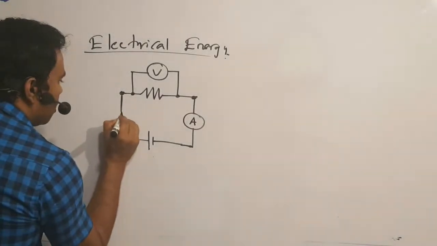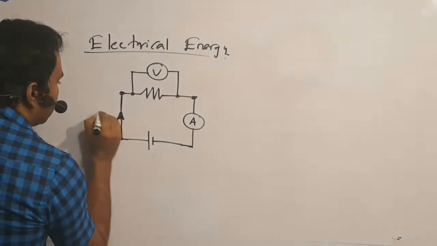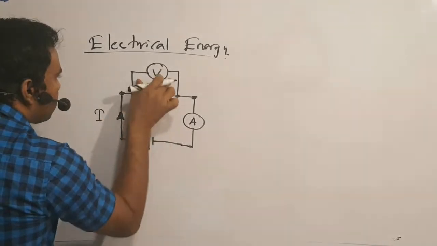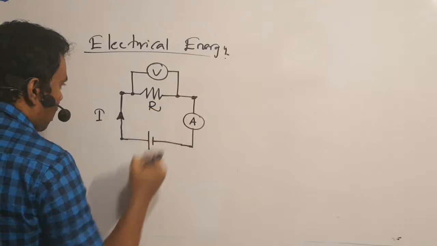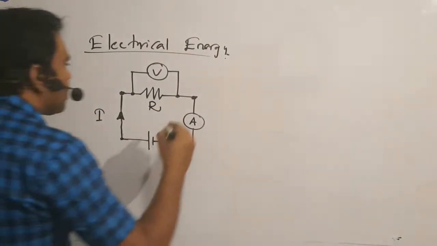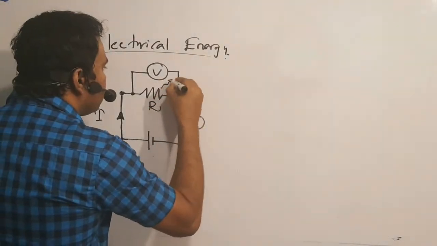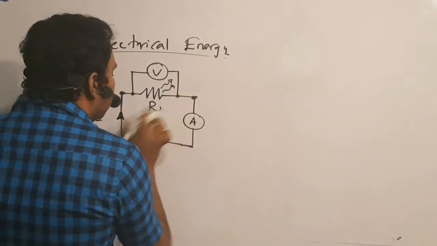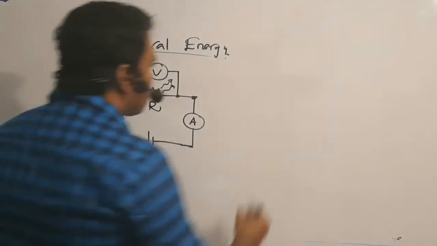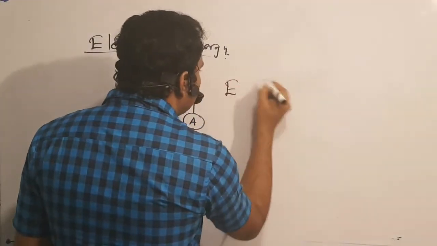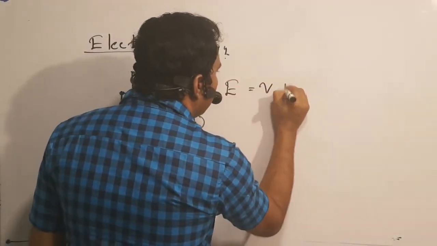So if the current passing through the circuit is I and the electric potential difference is V, the resistance is R. So electrical energy produced by this R resistor is defined to be energy equals VIT.